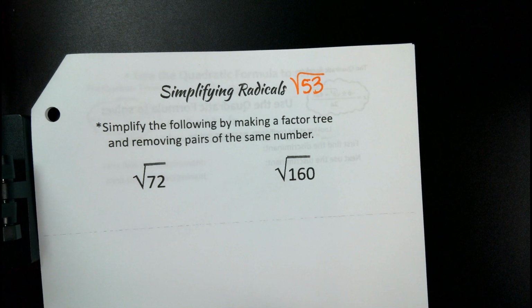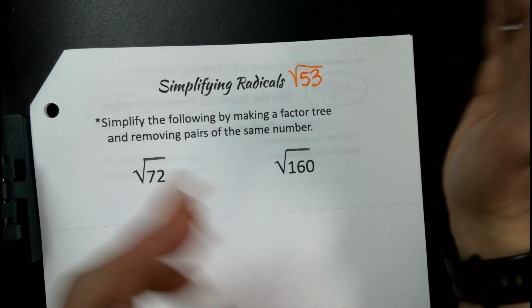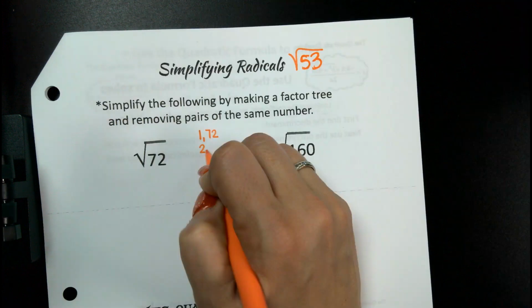What's the factor pair? It's just 1 times 53. Does that break this down at all? It doesn't change. However, if you have a number like 72, look at the row of 72.